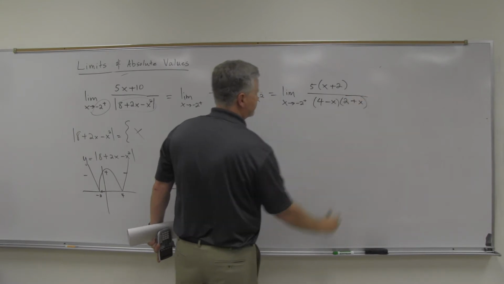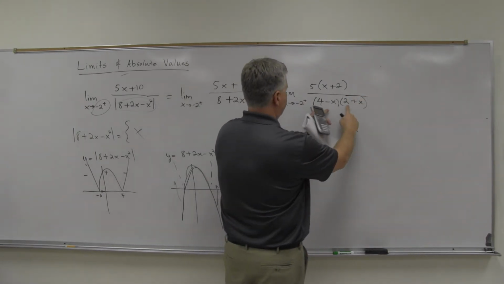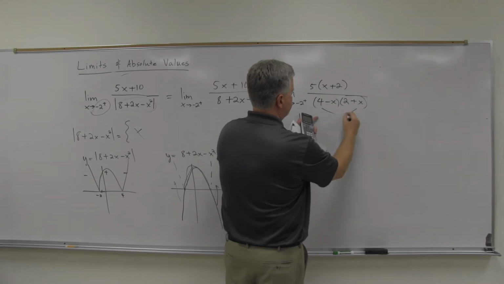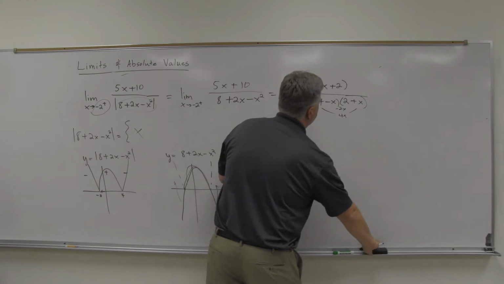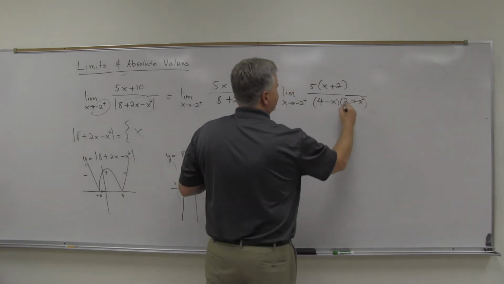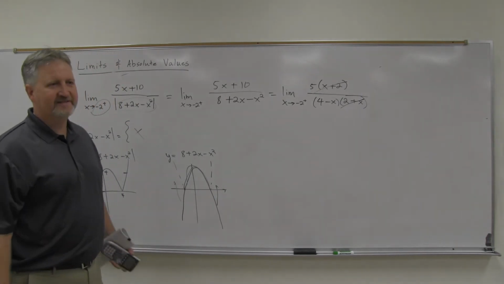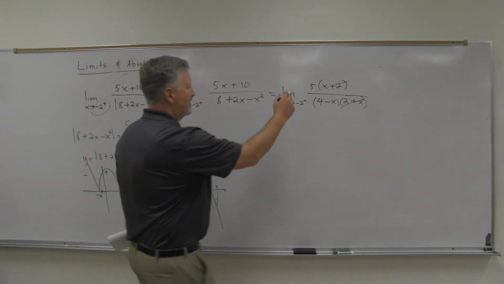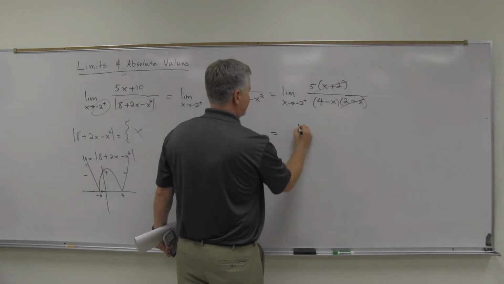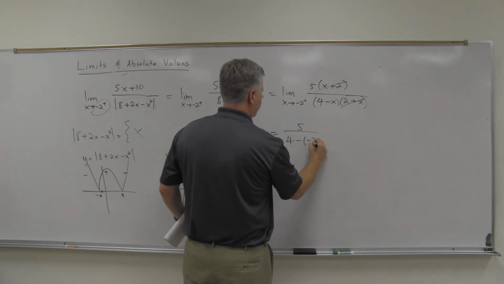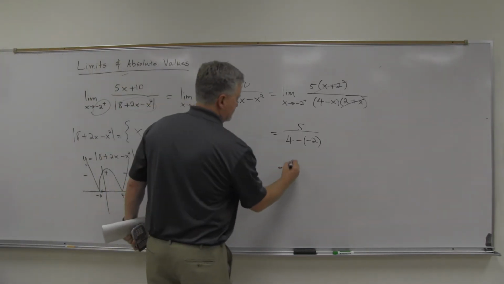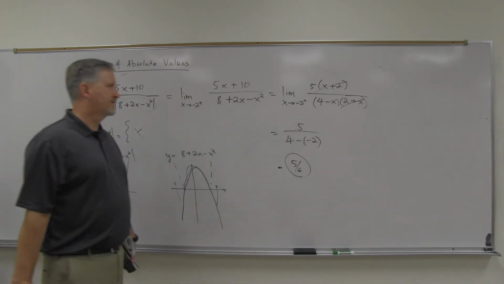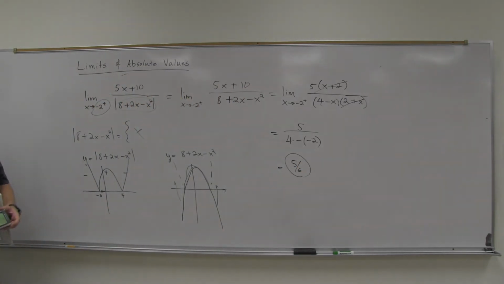I think that works, doesn't it? Because that and that will make it 4x minus 2x, which gives me a 2x. Well, look at that. Voila. x plus 2, 2 plus x, that's still the same. So we wind up with 5 over 4 minus x, so now I can plug in the negative 2. Over 6. So, bit of a complicated problem, but not too bad. Any questions on that?